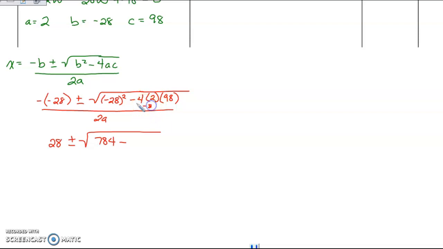And so negative 8 times 98 is negative 784. And then 2a is 2 times 2, which is 4. Well, if I take 784 minus 784, I get 0.